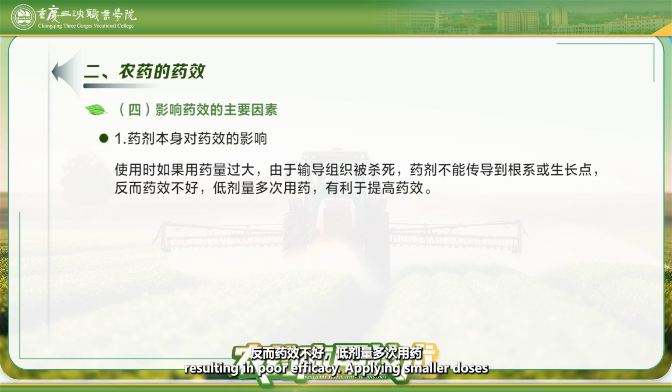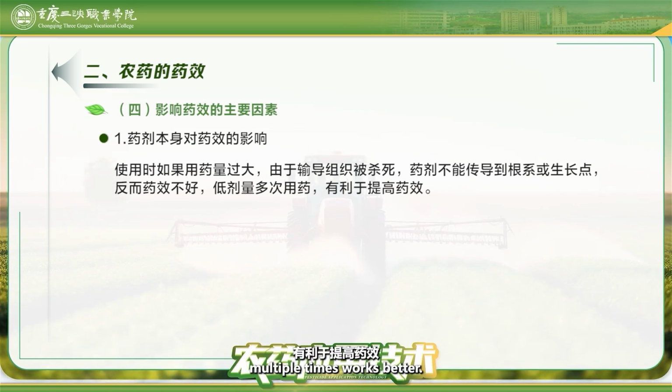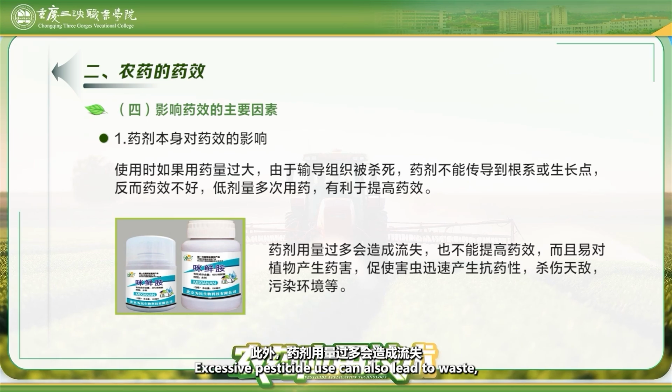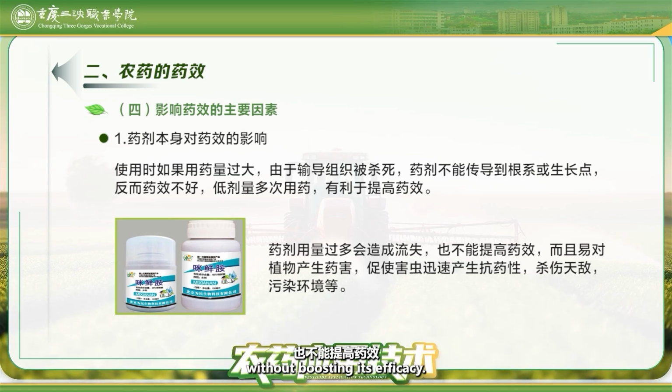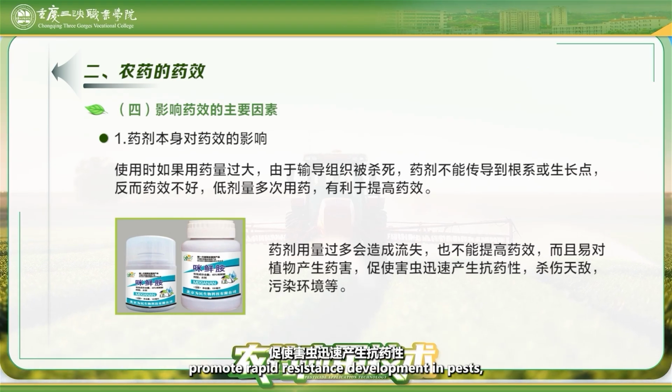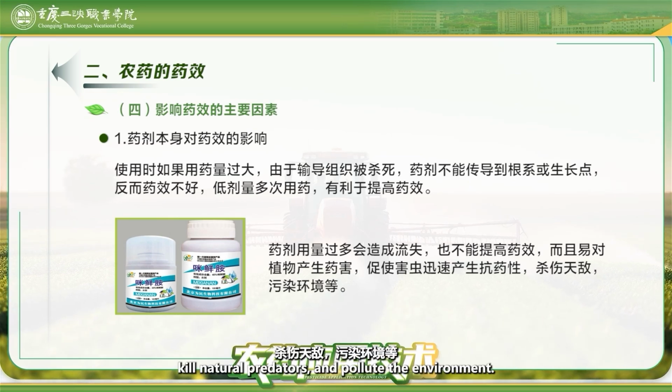Applying smaller doses multiple times works better. Excessive pesticide use can also lead to waste without boosting its efficacy. It can easily cause phytotoxicity to plants, promote rapid resistance development in pests, kill natural predators, and pollute the environment.